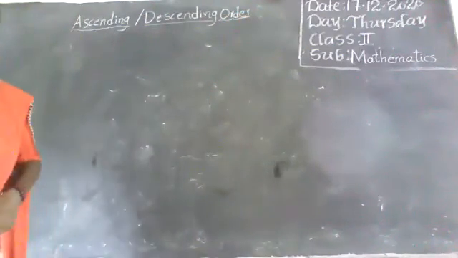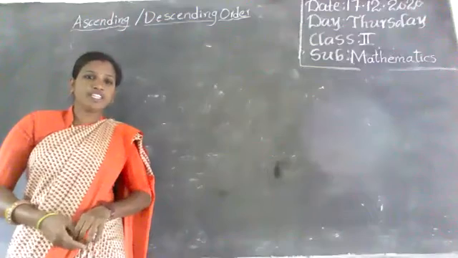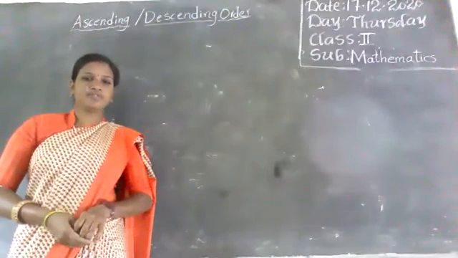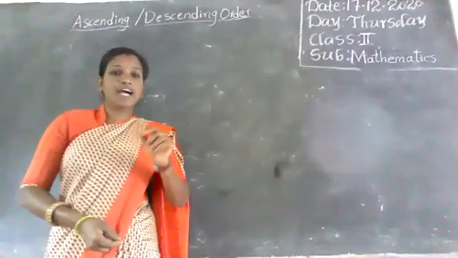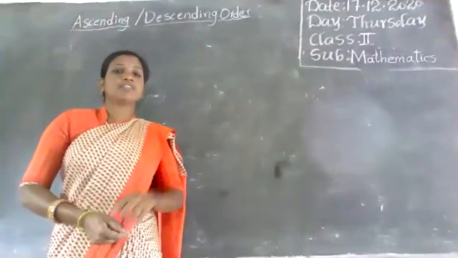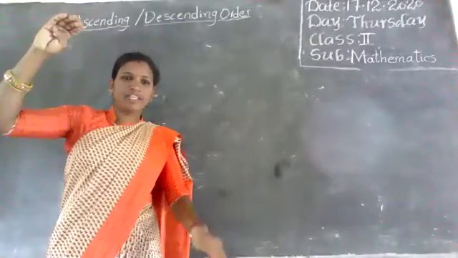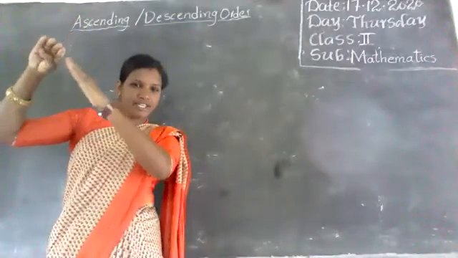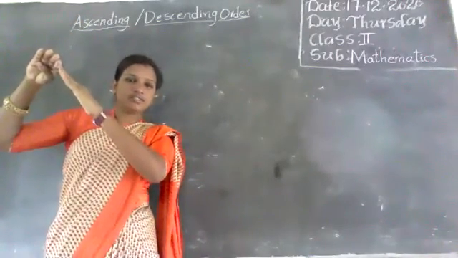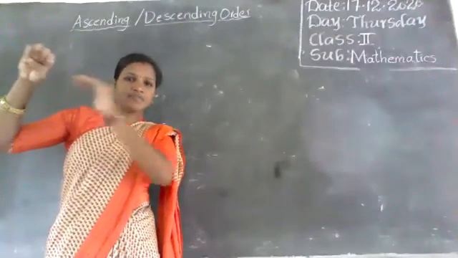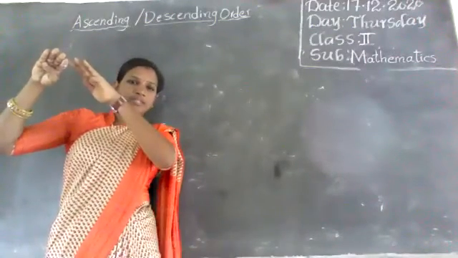Do you remember what ascending order means? It means we arrange the numbers from smallest to biggest. Smallest to biggest is called ascending order. We arrange the numbers from small number to big number.